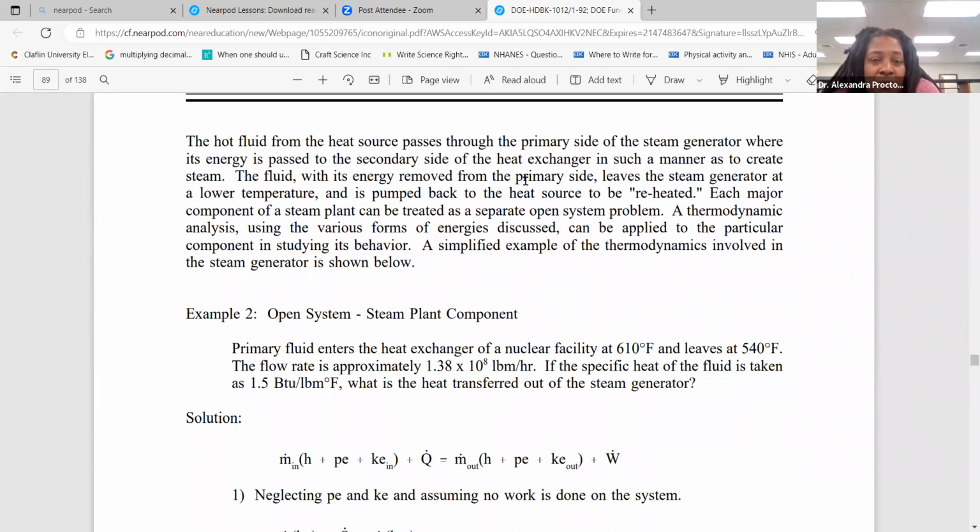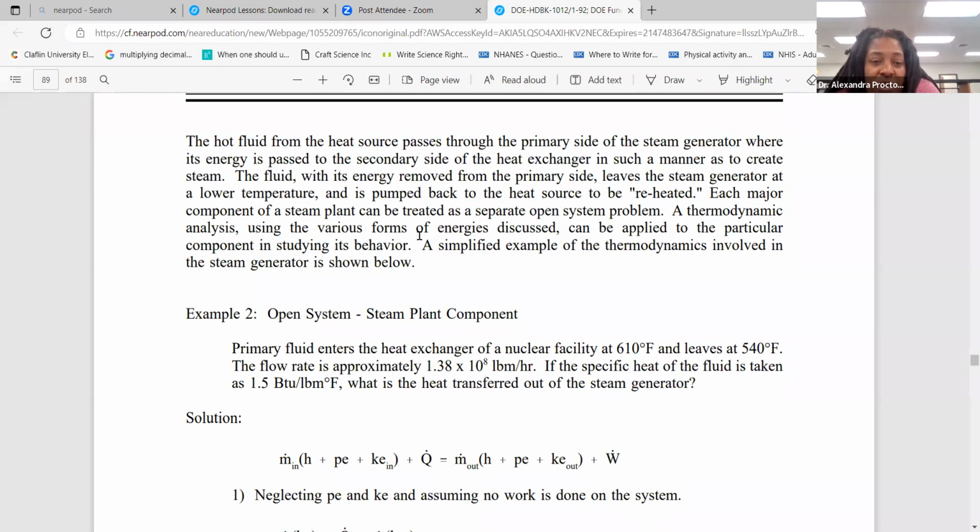The hot fluid from the heat source passes through the primary side of the steam generator, where its energy is passed to the secondary side of the heat exchanger in such a manner as to create the steam. The fluid, with its energy removed from the primary side, leaves the steam generator at a lower temperature and is pumped back to the heat source to be reheated.